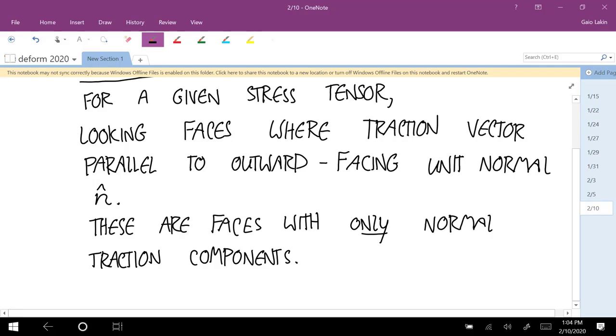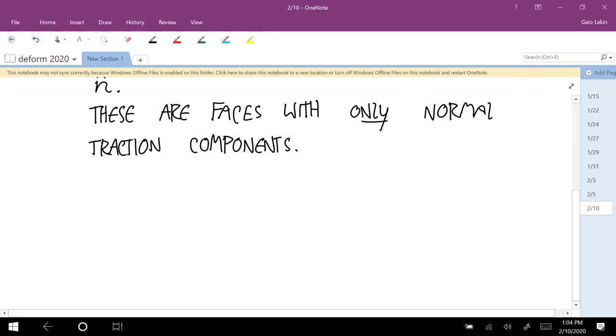Okay, so what we ended with last time was this equation that we derived, that this is what we need.